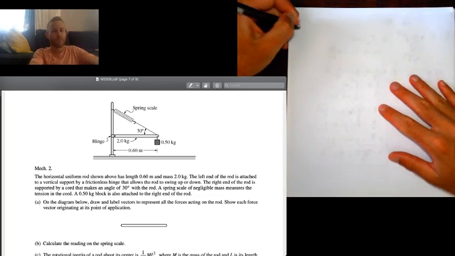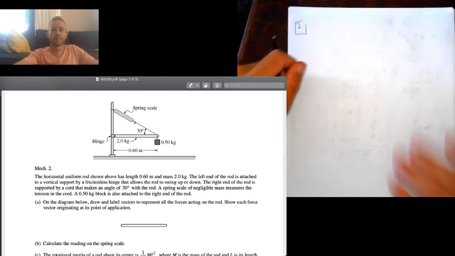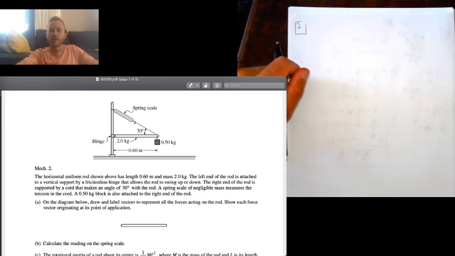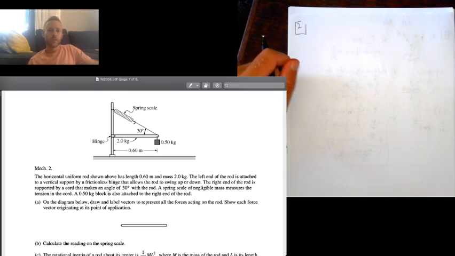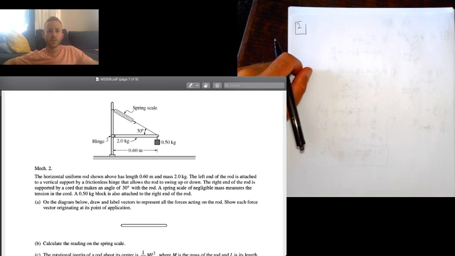Number 2. A uniform horizontal rod shown above has length 0.6 meters and mass 2 kilograms. The left end of the rod is attached to a vertical support by a frictionless hinge that allows the rod to swing up or down. The right end of the rod is supported by a cord that makes an angle of 30 degrees with the rod.